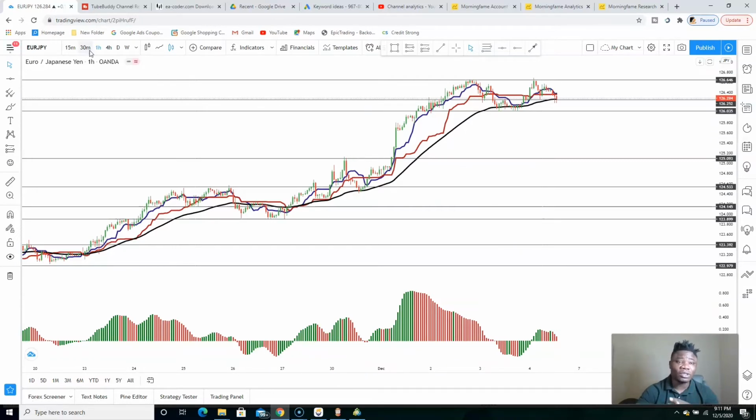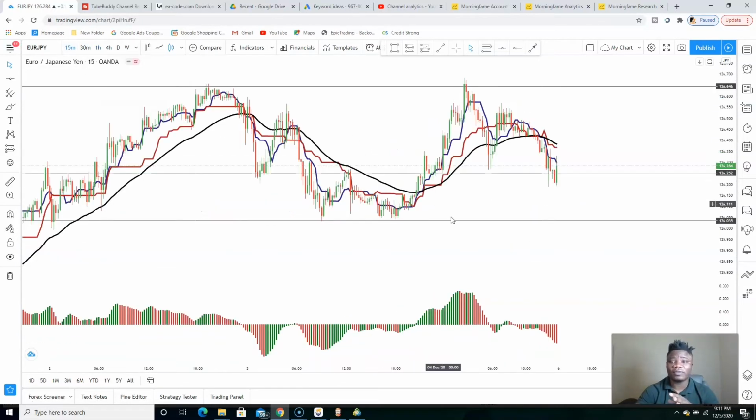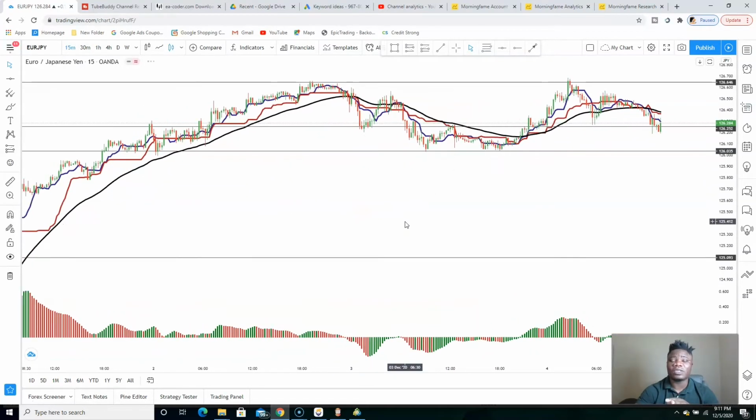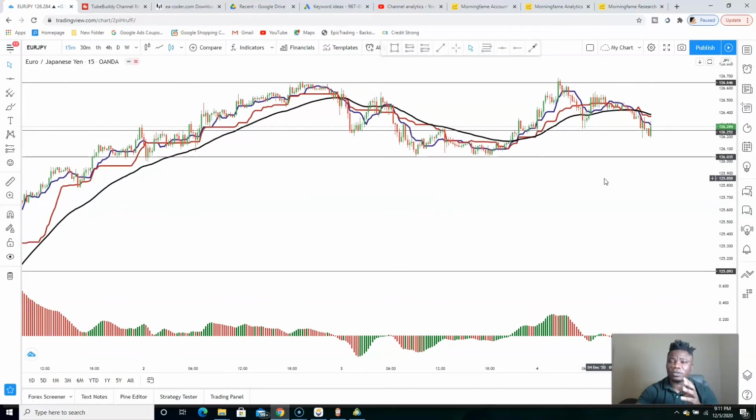So now you go to your 15-minute time frame. Now that we're on the 15-minute time frame, this is where you guys are going to be placing your trade. If we look at this sell here, this happened before the market closed. Now we can clearly see that the blue line of the Ichimoku, which is your Tenkan Sen, crossed the red line, which is your Kijun Sen.